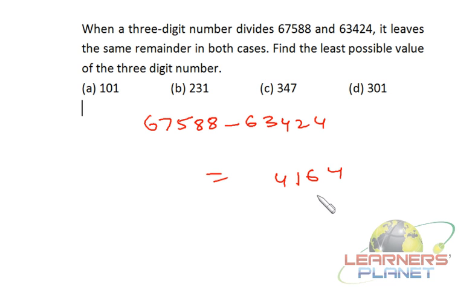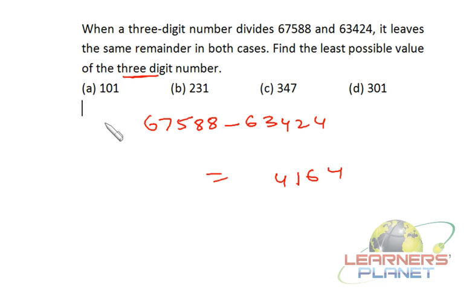So 4164 or any other factor of 4164, when it divides 67588 and 63424, will leave the same remainder in each case. But we have been asked about a three-digit number, and 4164 is a four-digit number. That means we have to choose a number which is a factor of 4164.